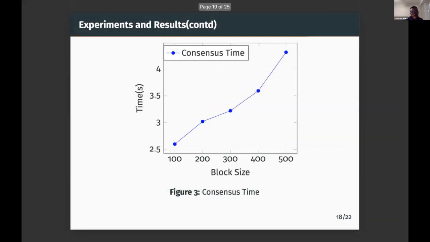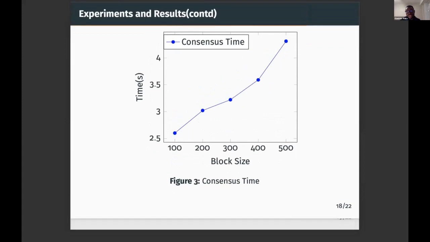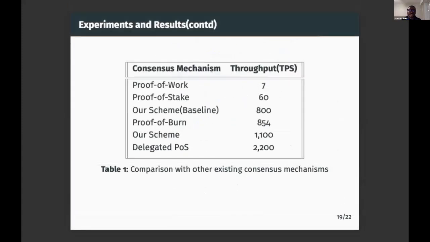In the third experiment, we measured the consensus time. So by varying the block size again from 100 to 500, we measure the time it takes for the consensus group to arrive at a consensus concerning the shared state of the system.